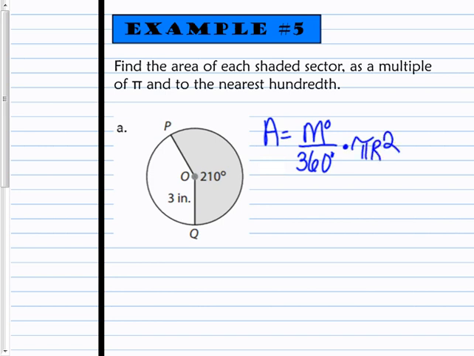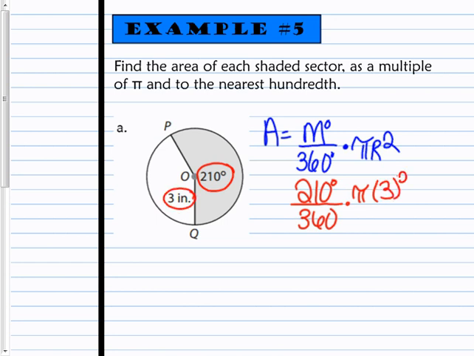So we'll replace everything that we have. The area equals, we need the shaded part, so 210 degrees. The central angle is 210, which means the arc is 210 degrees as well. 210 degrees divided by 360 times pi, and then our radius is 3.